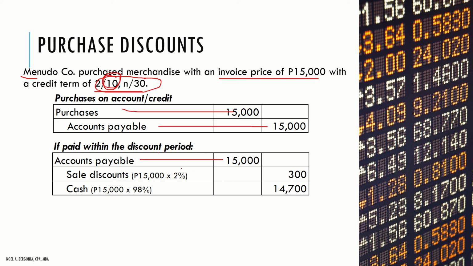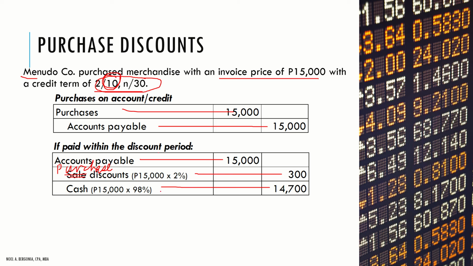Then we will avail the 2% discount, so 15,000 times 2%, we have a credit to, this should be, purchase discount. We have a purchase discount amounting to 300 pesos. And we credit cash amounting to 14,700, because the purchase discount is deducted. Okay? So that is our scenario there.